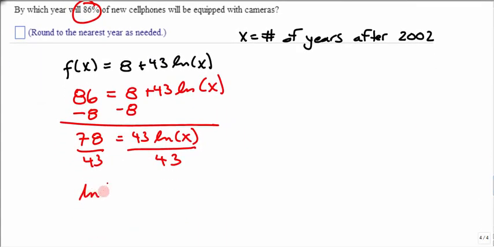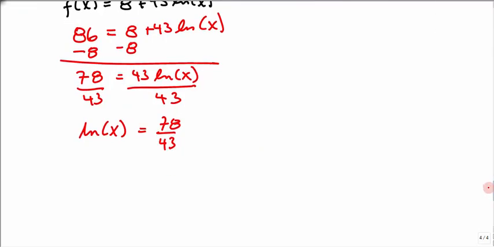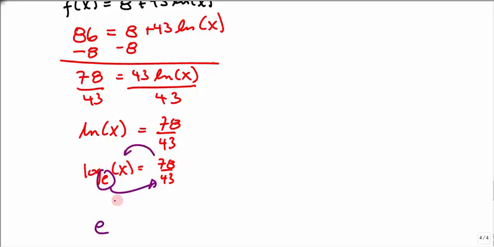And I have ln of x, I'm just going to switch sides here, equals 78 over 43. Now remember, we don't want to know what ln of x is, we want to know what x is. So remember, ln of x is log base e of x equals 78 over 43. So if this is my base, this would be my exponent, and I could rewrite this as e to the 78 over 43 equals x.